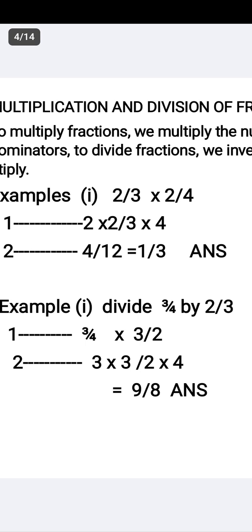It becomes 3 over 4 times 3 over 2. To multiply fractions, we multiply the numerators and multiply the denominators. In step 2, we have 3 times 3, which is the numerator, over 2 times 2, which is the denominator. It becomes 9 over 8. And that is the answer.